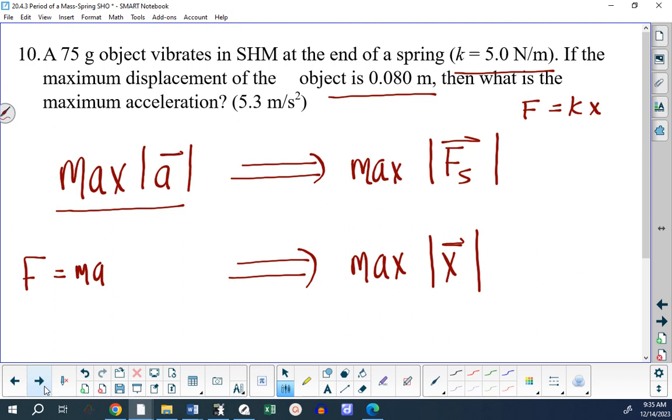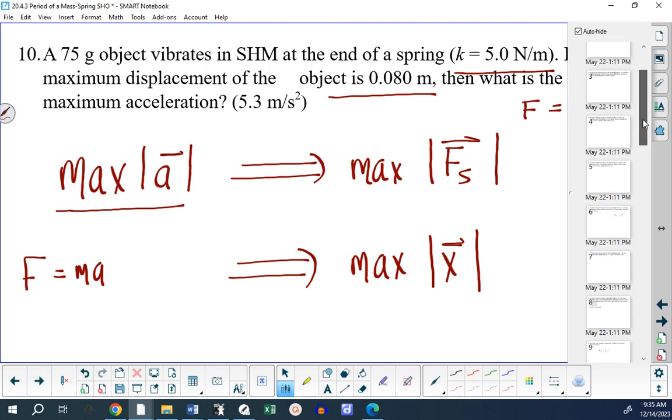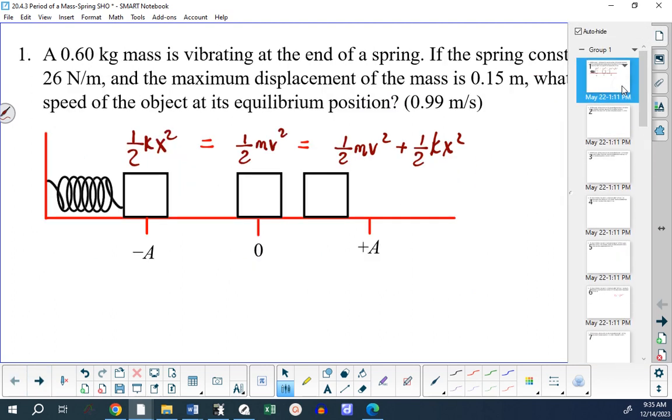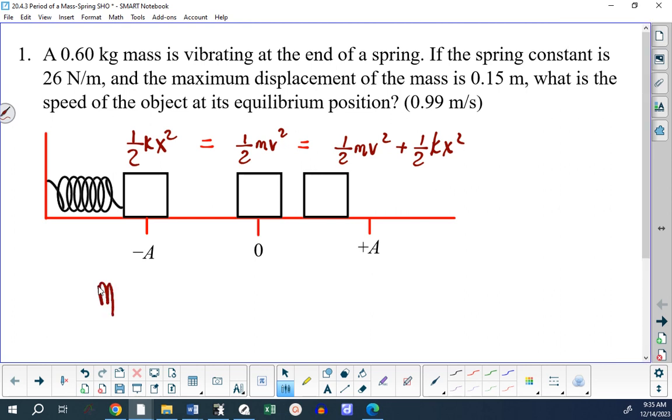Now, before I finish this problem, some of you might have taken a different approach here and said, this requires maybe a little more thought, it's more conceptual, that the maximum acceleration occurs here.